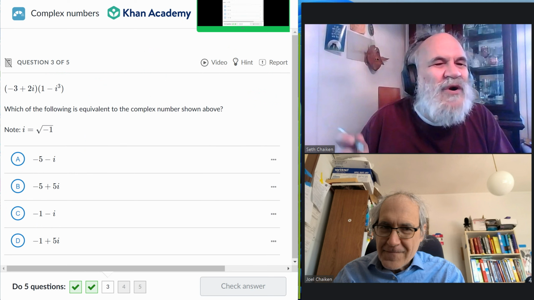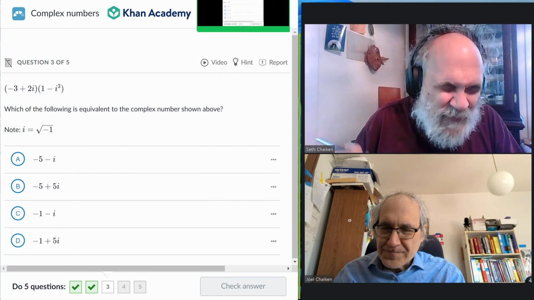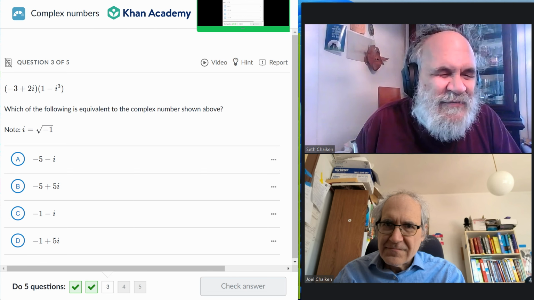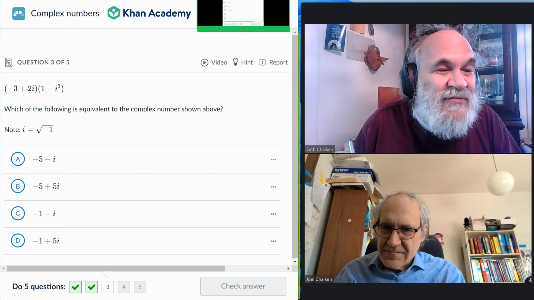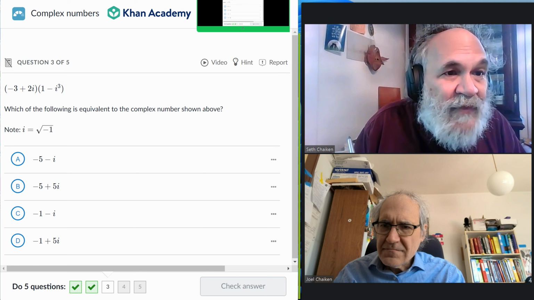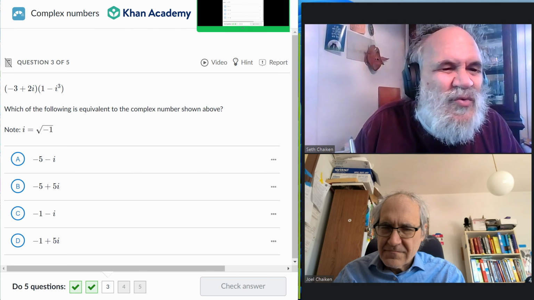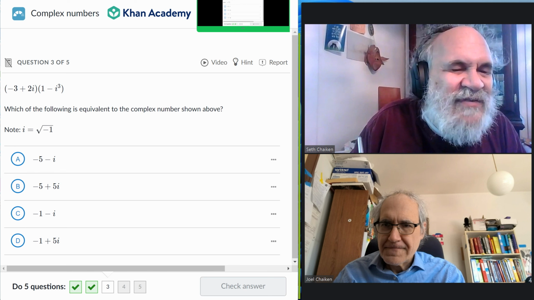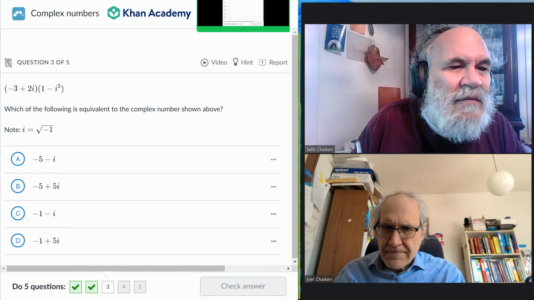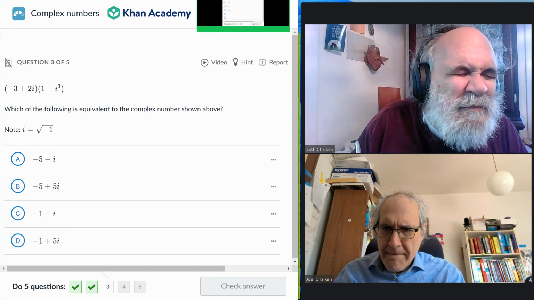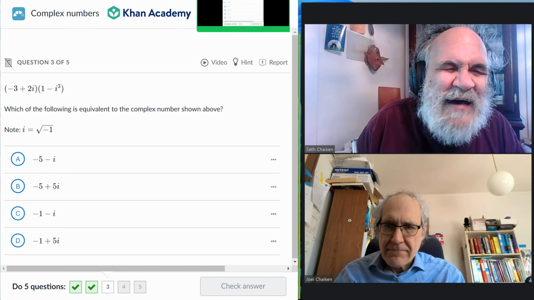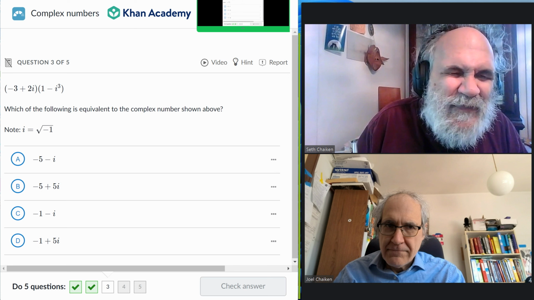Okay, I think I have to do more calculating out because there's a lot of sharing of imaginary and of real parts among the answers. So let's see. I'm going to do the simplification within the parentheses. I'm going to simplify i cubed to become -i.